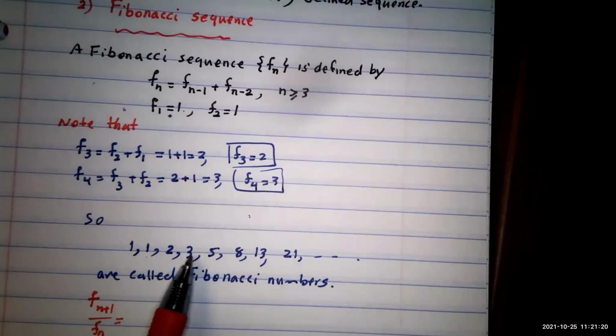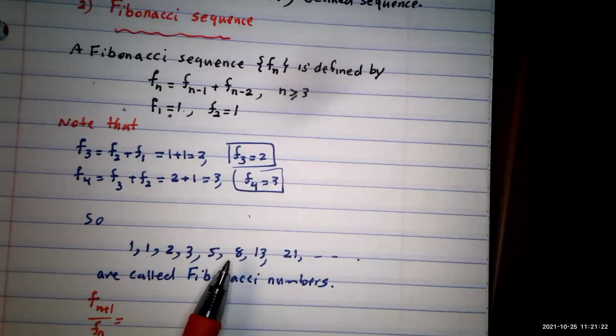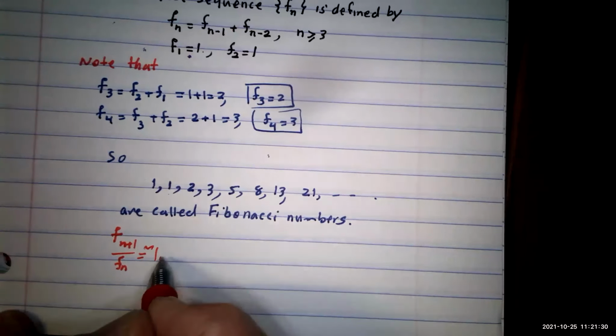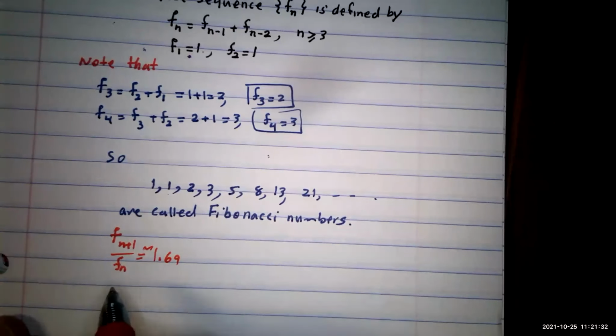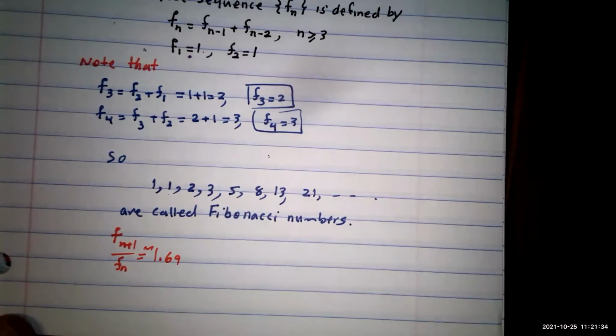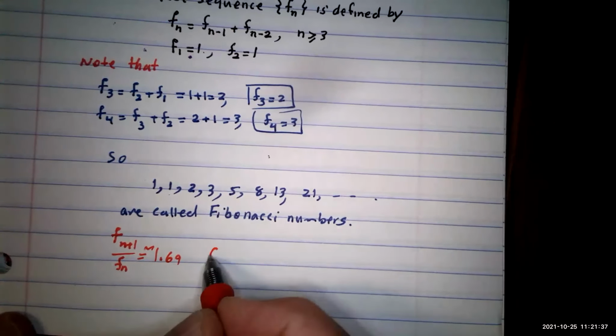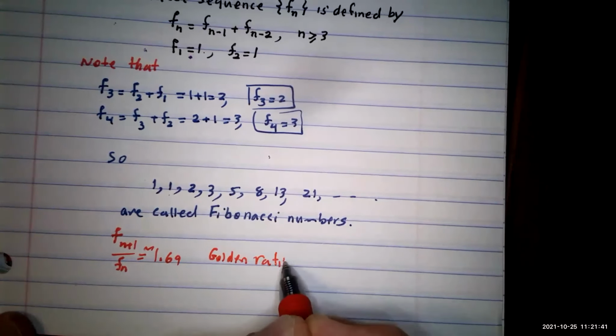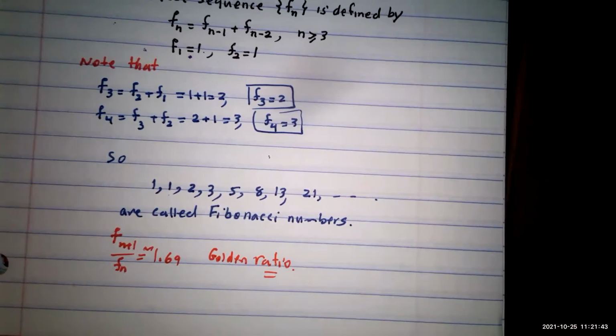But if you take 5/3, 8/5, 13/8, these are going to be something like 1.6, almost. It is going to be, in radical form, what is called the golden ratio. And there are some other stories related to this one.